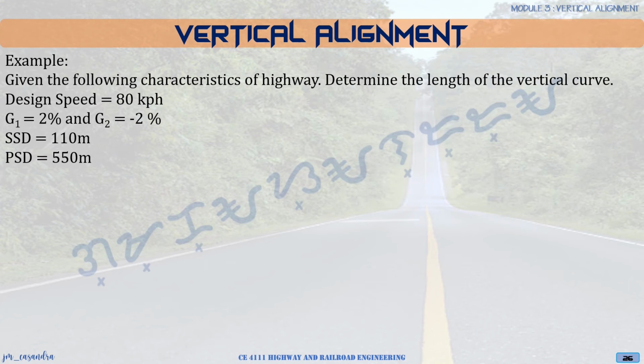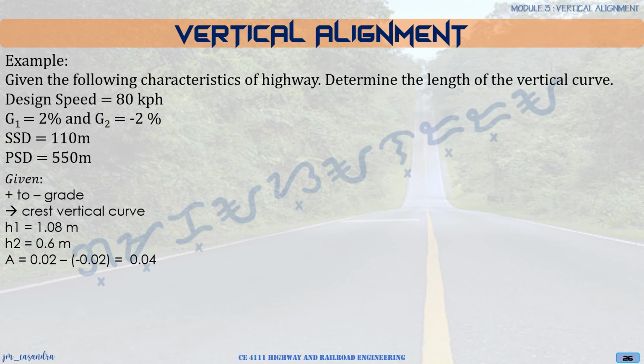We have the stopping sight distance at 110 meters and the passing sight distance at 550 meters. For our given, we have a positive to negative grade. Therefore, this is a crest vertical curve. There is no given H1, so automatically H1 is equal to 1.08 meters from AASHTO 2011. H2 is equal to 0.6 meters.